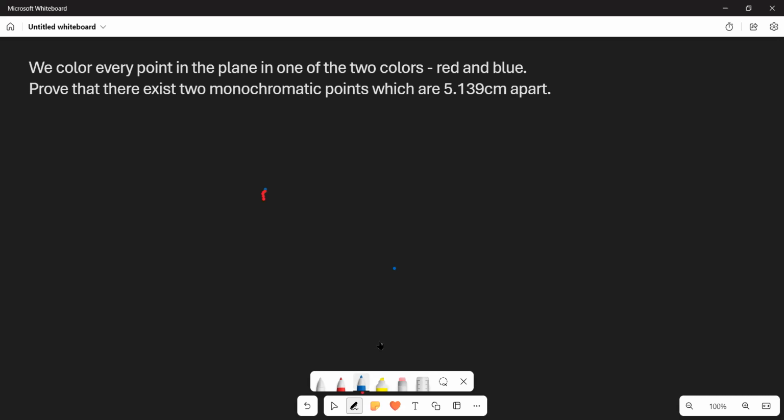And if we color the next point as red, and then again if we color a point close to it as red, then again we are done. What do you mean close to it? What do we want to prove? We want to show that there are two red points or there are two blue points such that the distance between them is 5.139 centimeters.